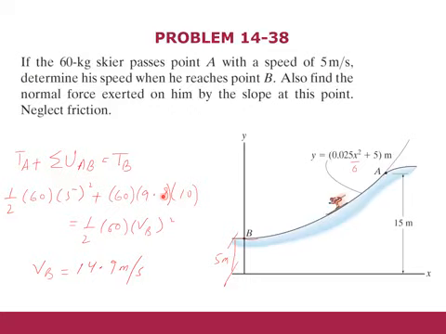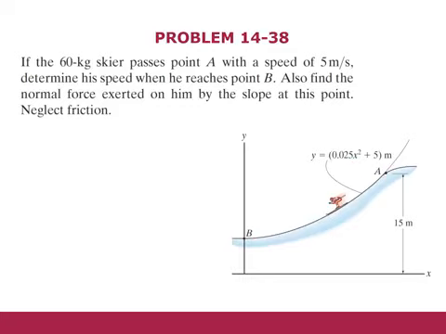Now in order to calculate the forces, we have to use Newton's second law of motion, so that we can calculate the normal force exerted by this surface on this skier. We will draw the free body diagram and analyze the forces.